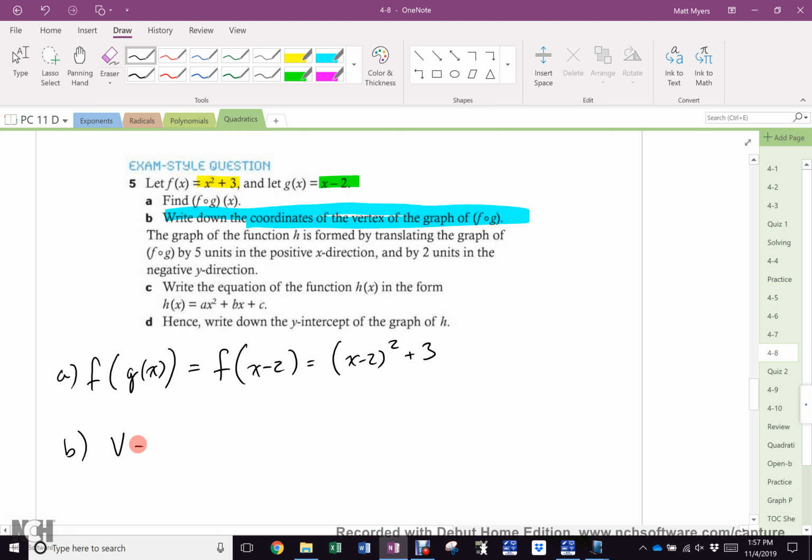Vertex equals what? 2, 3. Everyone agrees? Okay. Keep reading. I'm going to make a third function. That third function is function h. The vertex of h is what? Read the question.